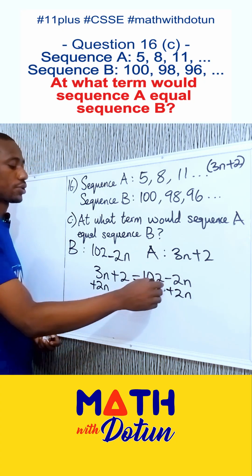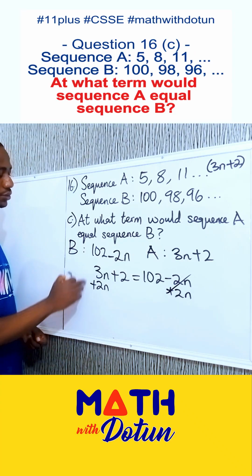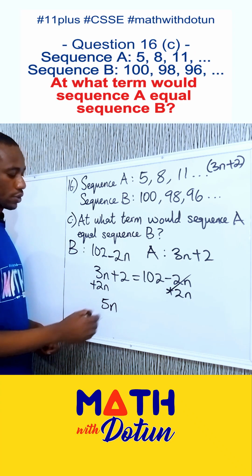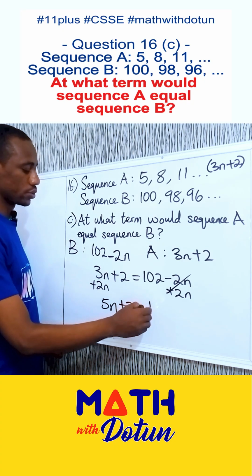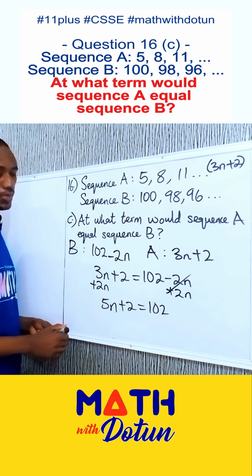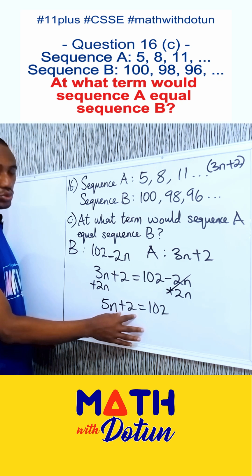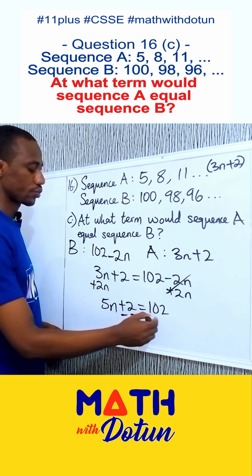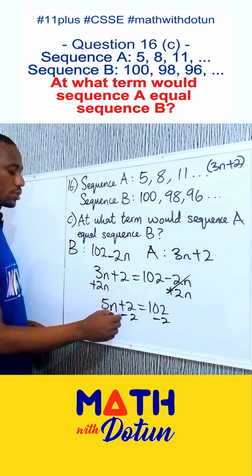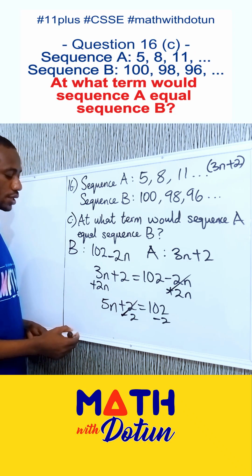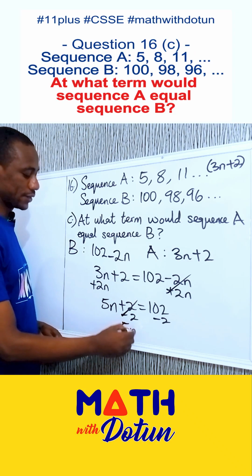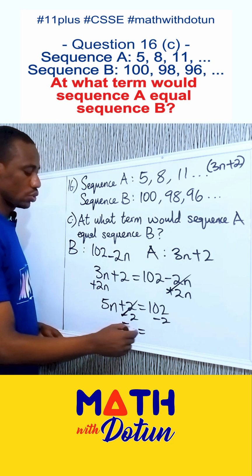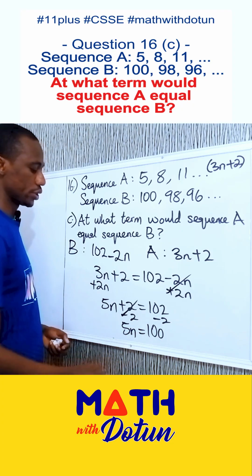So minus 2n plus 2n cancels out, and then 3n plus 2n is 5n, plus 2 equals 102. We can also take away this 2 from both sides. So we do minus 2 and minus 2. So 2 minus 2 cancel out, and then you have 5n equal to 102 minus 2, which will be 100.